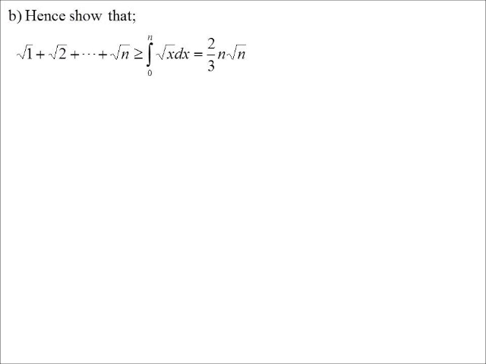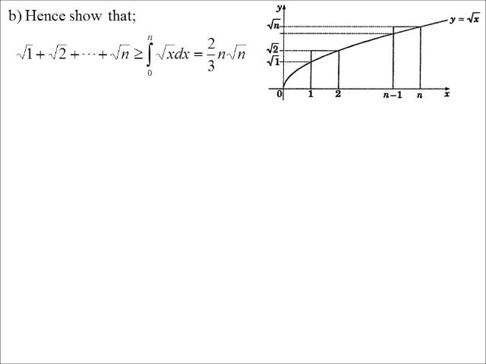Okay. It then wants us to show that this particular sum is greater than or equal to the integral. And so that is the area of the outer rectangles. So again, there's our graph. If I was to work out all these areas, this first one would be 1 times the square root of 1. The next one would be 1 times the square root of 2, and so on and so on.